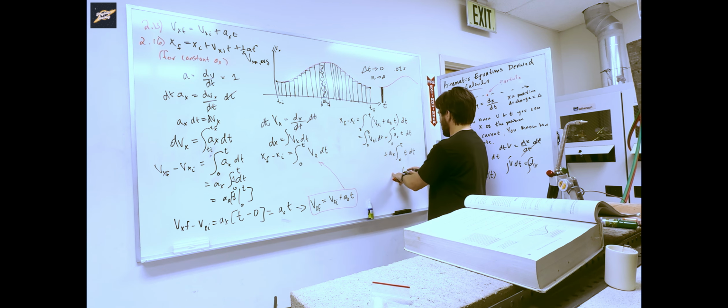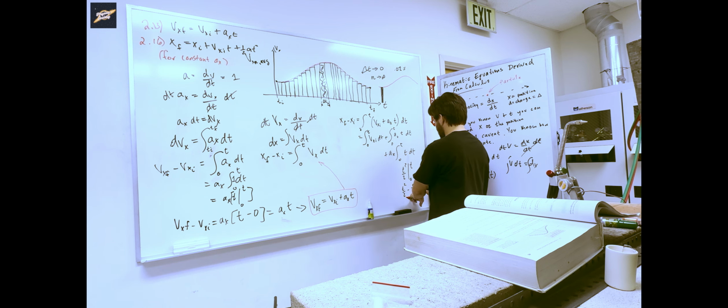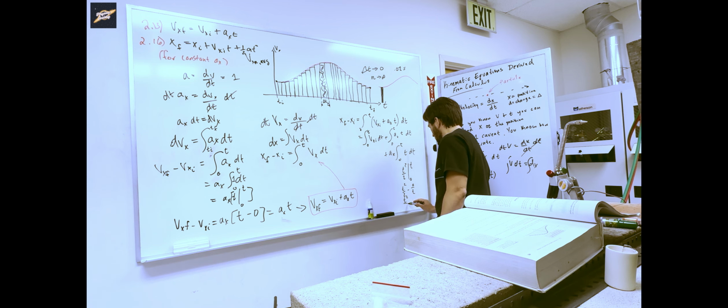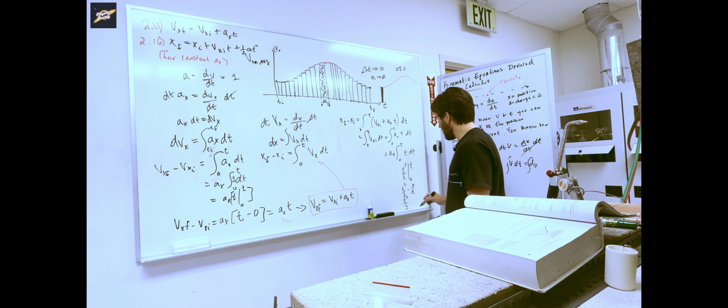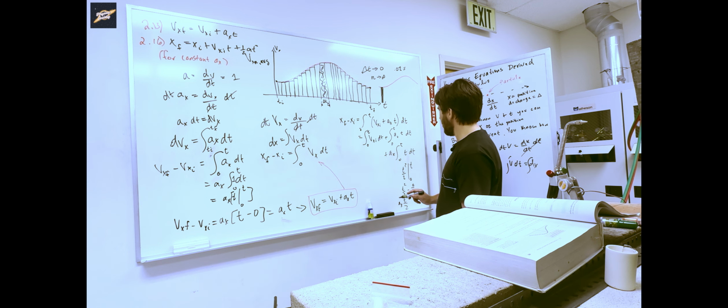This is t squared over 2 from 0 to t. So t squared over 2 minus 0, and that just equals t squared over 2, since that's 0, and of course a x in front of it.